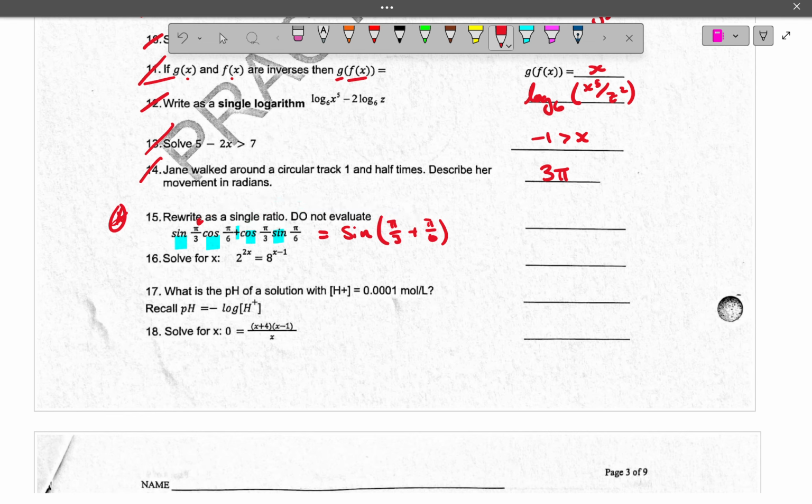An even simpler, or actually this may not have been actually what it was asking for. I think it was, but maybe it wasn't. So if it's asking for a single ratio, this isn't actually a ratio.